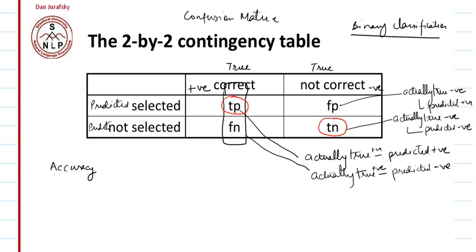False positive means that it is predicted by the system as positive, but actually it is not positive. Similarly, false negative is that it is predicted negative by the system, but it is not actually negative, it is positive.